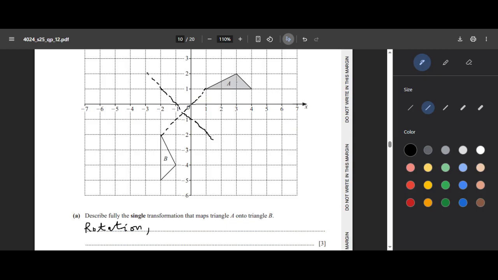You have to use compasses here. Open your compass more than half of this line and mark arcs up and down like this. Mark an arc from this side and one arc at this side, then join these two points, so you will get the perpendicular bisector of this line.